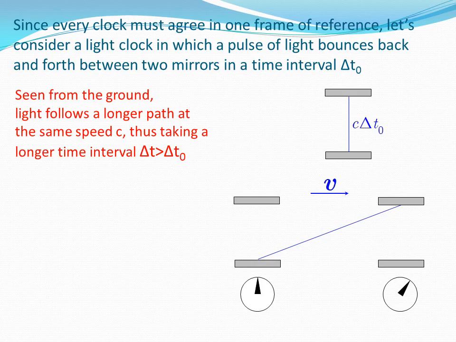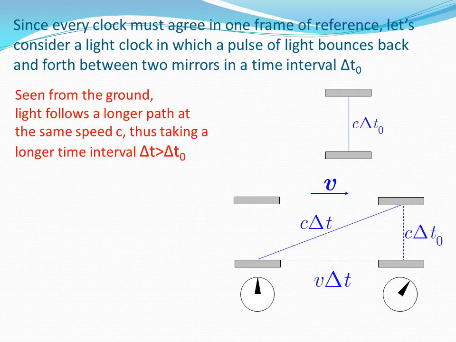And since the speed of light is always c, it takes light a longer time interval delta t to travel this longer path at the same speed c.